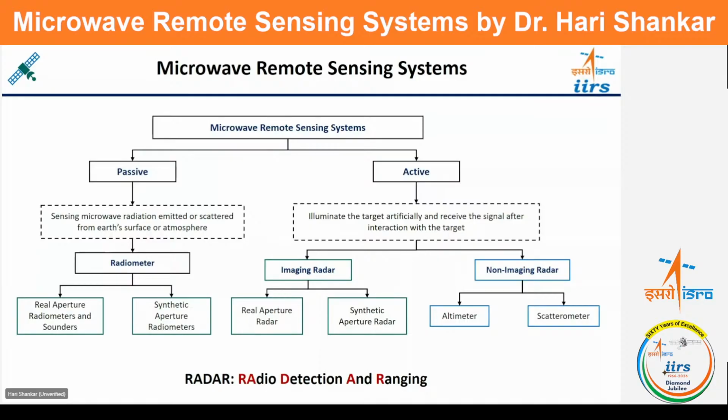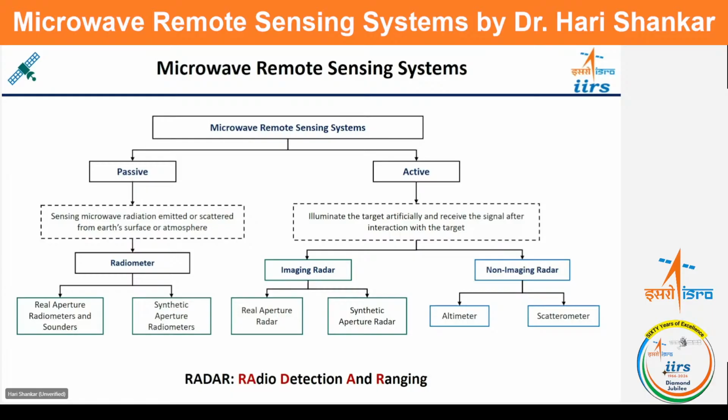Then some sounders are also there, which are basically used for investigating the different layers of the atmosphere. From different layers the signal is reflected, and that energy is caught by the sounders and delivered in the form of remote sensing products.